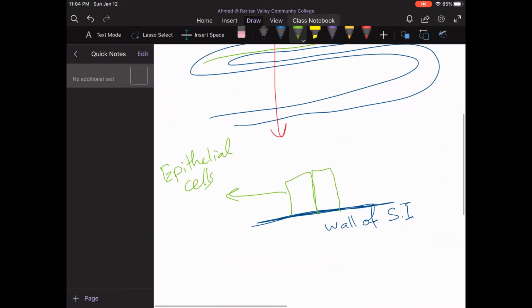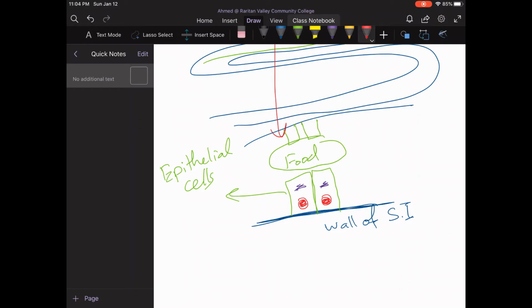If we zoom into these cells, we will find that, for example, their nucleus is toward the bottom, whereas other organelles like the Golgi apparatus might be here, something like this. Remember that this is the small intestine, so the food is in this area. This is the area of the food. This is the other wall. So on the other side, there will be these cells, and these are their nuclei.